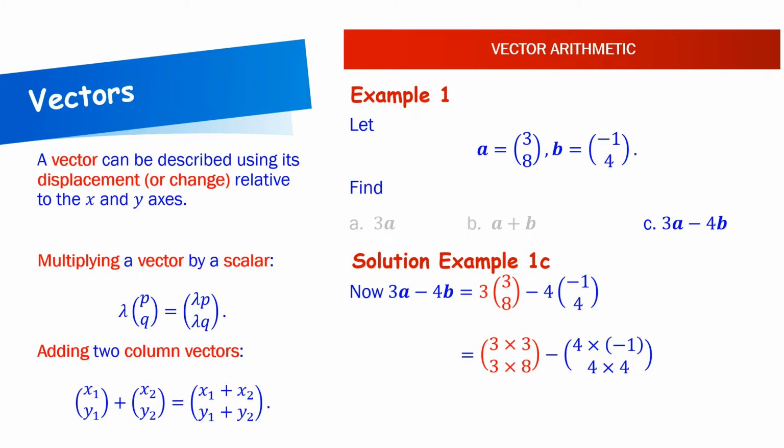Multiply a by 3 as shown and multiply b by -4, or multiply b by 4 and take it away from 3a as shown. To give (9, 24) minus (-4, 16), to give (13, 8).